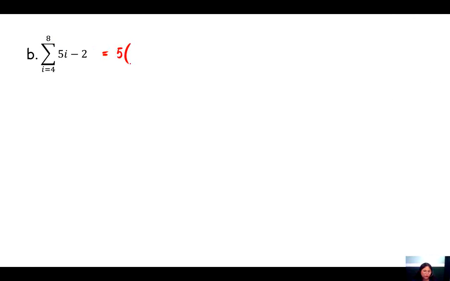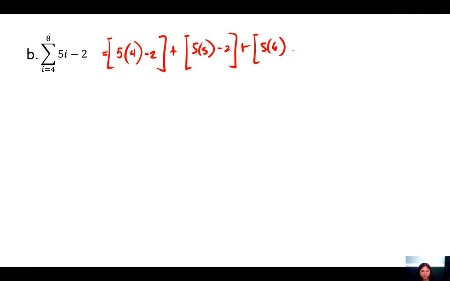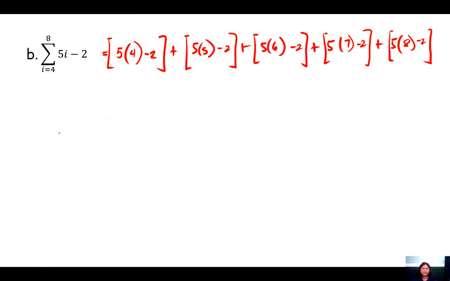So we have 5 times 4 minus 2, plus 5 times 5 minus 2, plus 5 times 6 minus 2, plus 5 times 7 minus 2, plus 5 times 8 minus 2. Okay, so let's recheck kung tama ba tayo. We have 4, 5, 6, 7, and 8. Okay. The constants are 5 and negative 2.